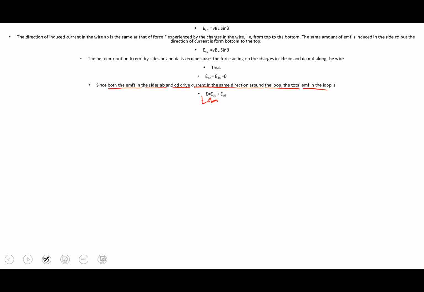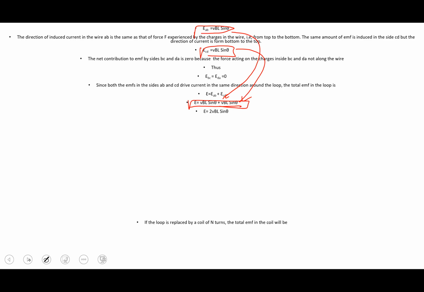So the total EMF produced by the coil will be equal to VBL sine theta plus VBL sine theta, because both of them are being added up to get the value of the total EMF produced by the coil. So we get EMF is equal to 2VBL sine theta.